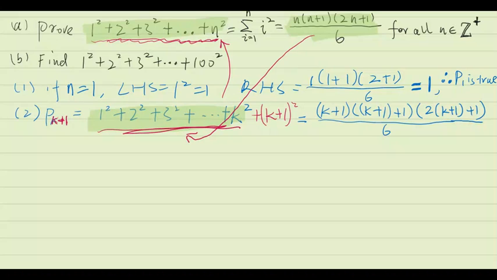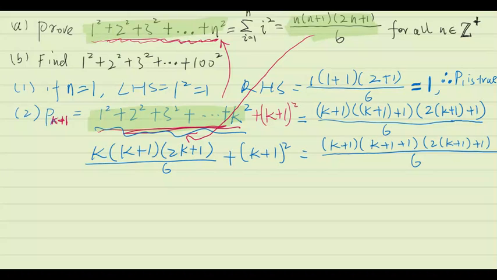Now all of this part will equal k times k plus 1 times 2k plus 1, over 6. Now we continue: plus k plus 1 squared equals.